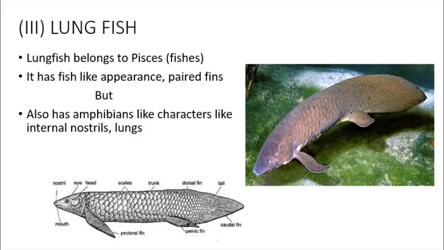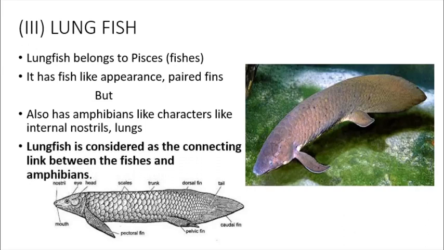So that is why this fish is a connecting link between fishes and amphibians. It has fins like fishes and it has lungs and internal nostrils like amphibians. That is the reason it connects both groups together.